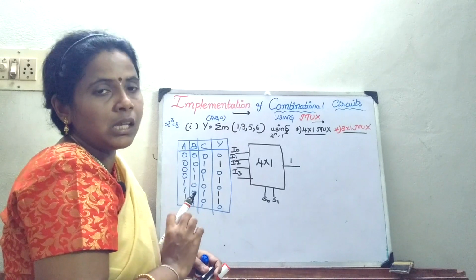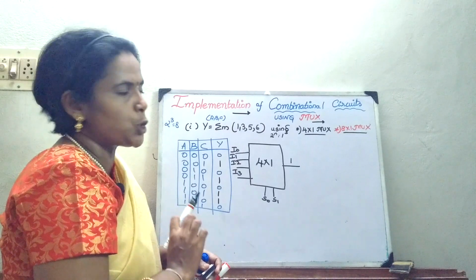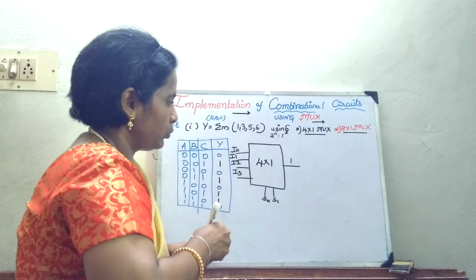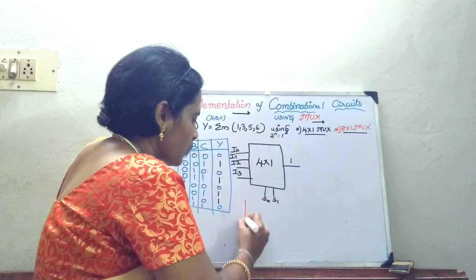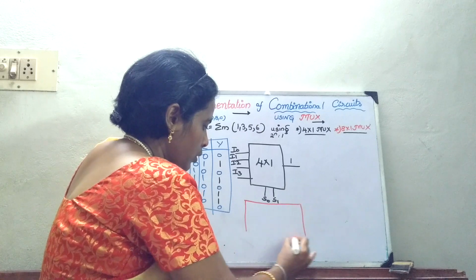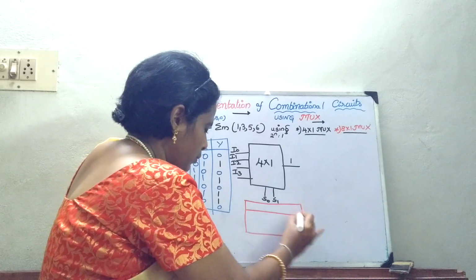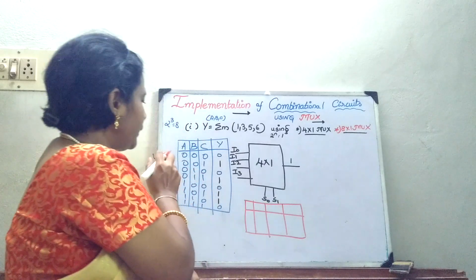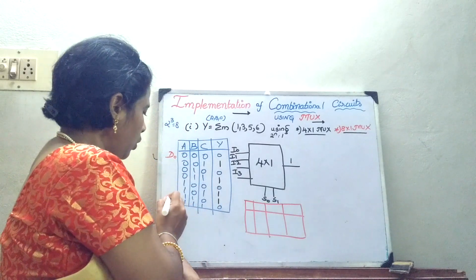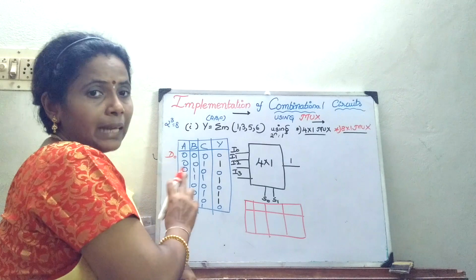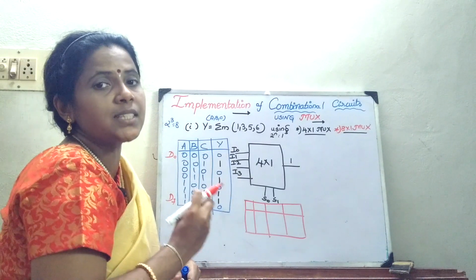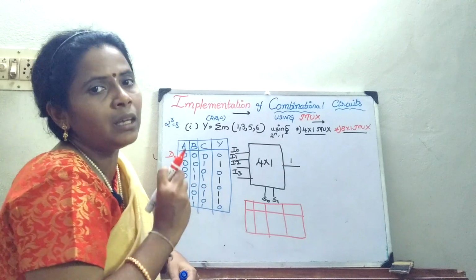Now for this we need the implementation table. Actually the data inputs are from D0 to D7, but I am going to reduce it and represent it in terms of a 4x1 mux.